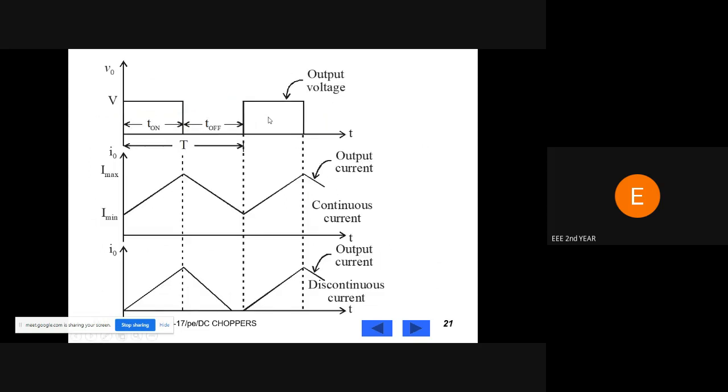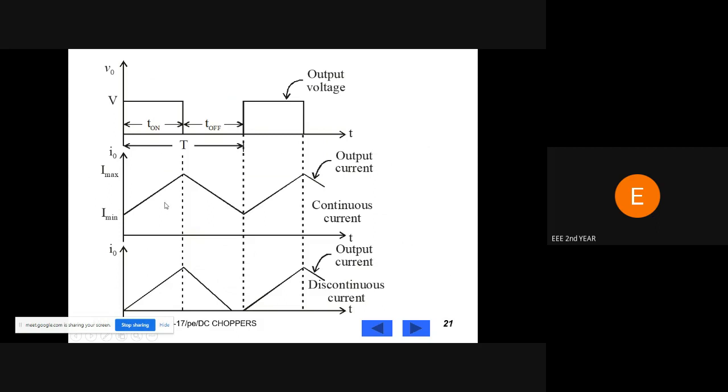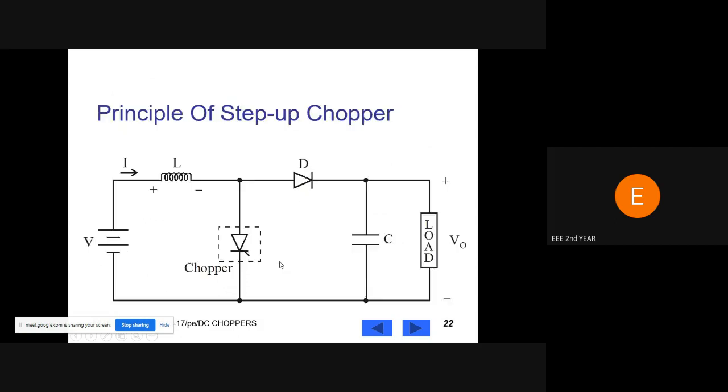So this is what was expressed before, that is your T on, T off. The current should vary between I minimum and I maximum. The output current increases to the peak value, and again it is sensed and must decrease, and again it automatically increases to the peak value.